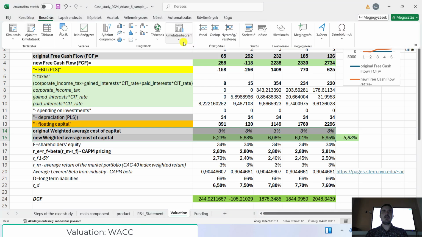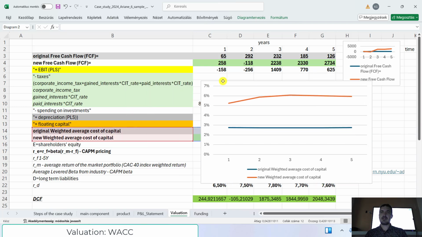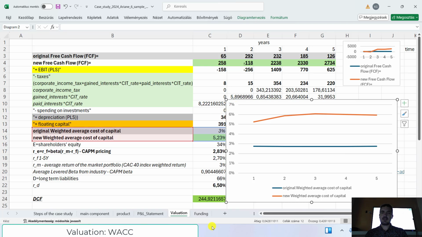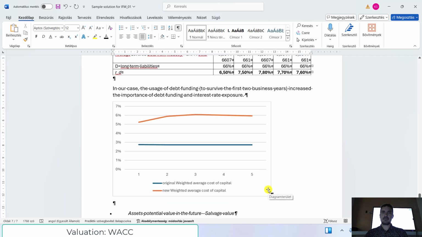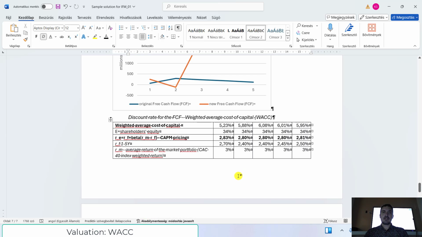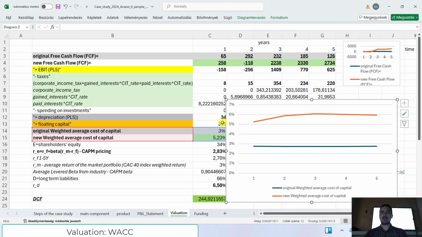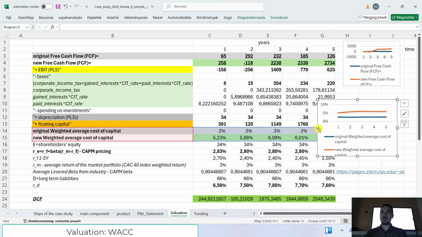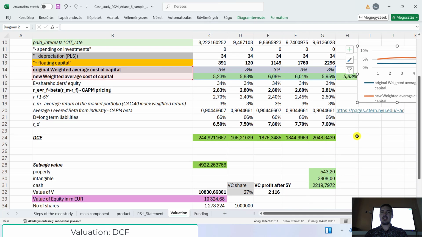But also let's create a line diagram of the WACC, because it can be nice. So now we can see that obviously we are funding the company more expensively than before, because we are using debt.